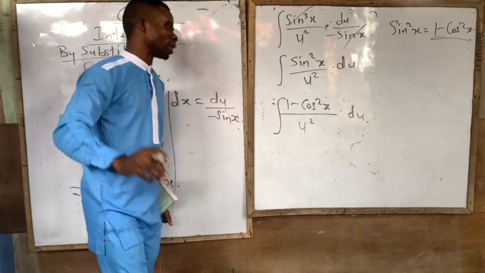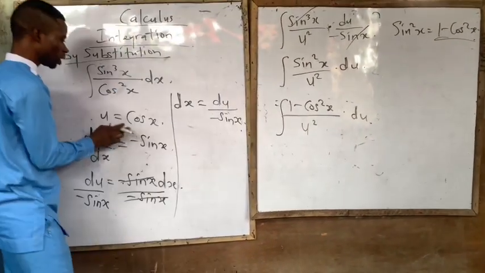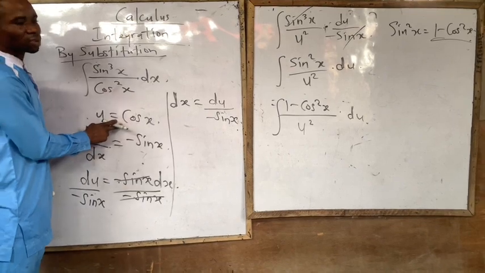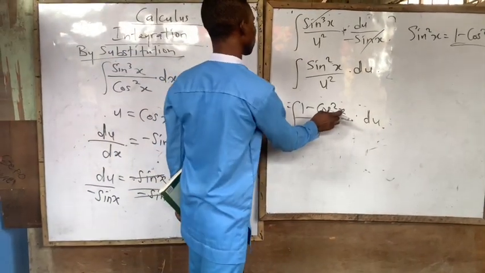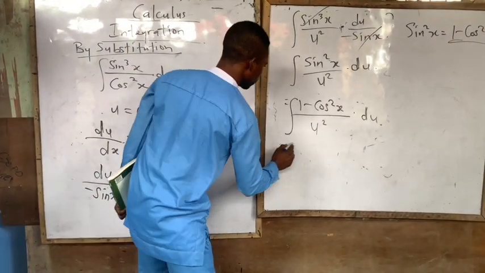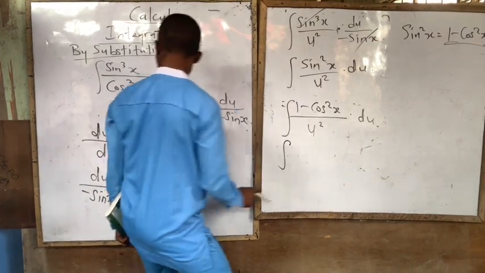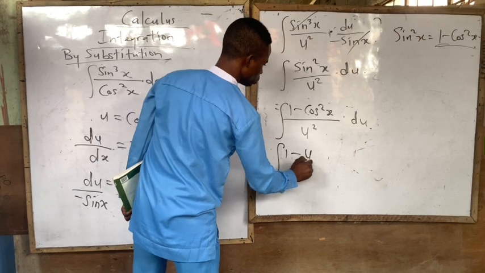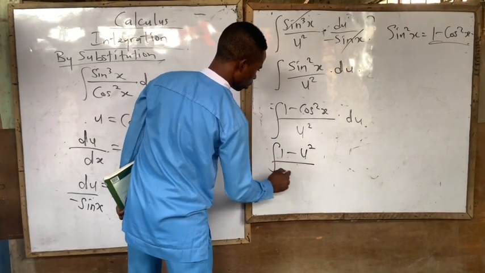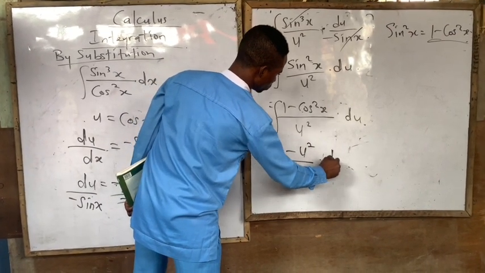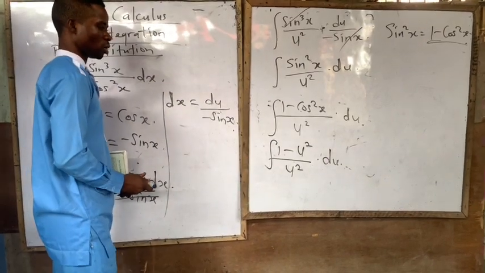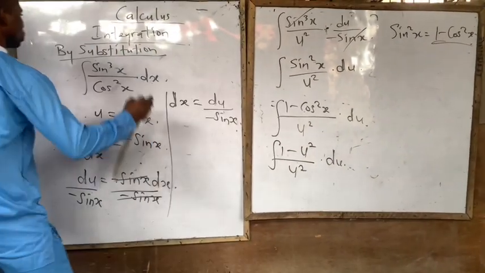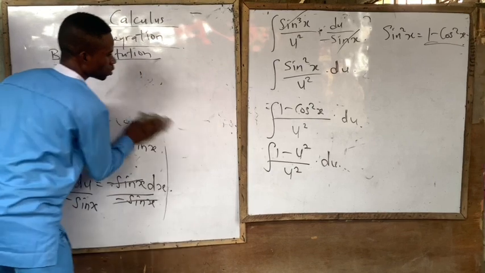Now, what will I do? Do not forget that I represented u by cos x. That means I can change this cos square x to u square, because it is represented by u from the start. That means 1 minus u square all over u square multiplied by du.